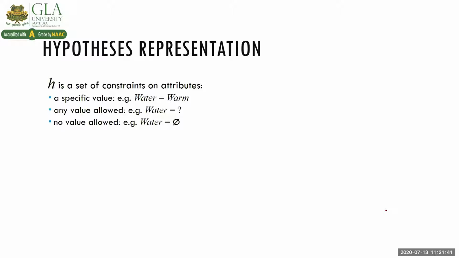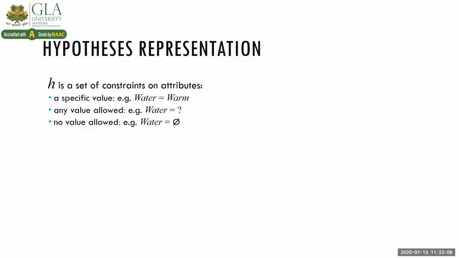It is a vector of 6 constraints specifying the values of 6 attributes: sky, air temperature, humidity, wind, water, and forecast. So h is a set of constraints on attributes. Clear? So we have the representation this way.